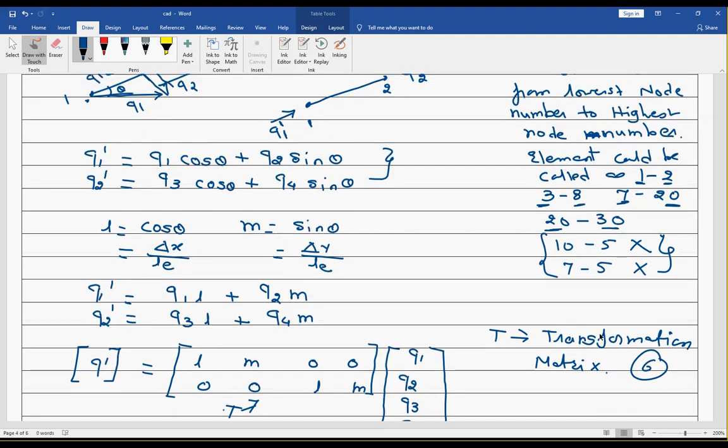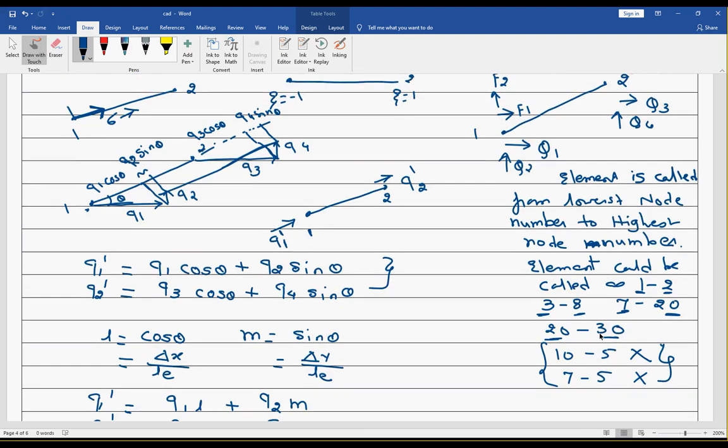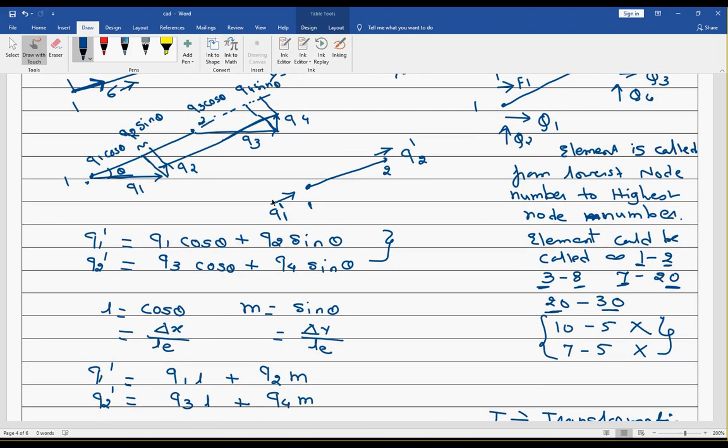So what is the meaning of this transformation matrix? If you see, q1 dash is along the element, so I can say the q dash vector is along the element, that means along xi, and xi is the local coordinate. Okay, and if I see my q1 vector is something like this, q2 vector is something like this.